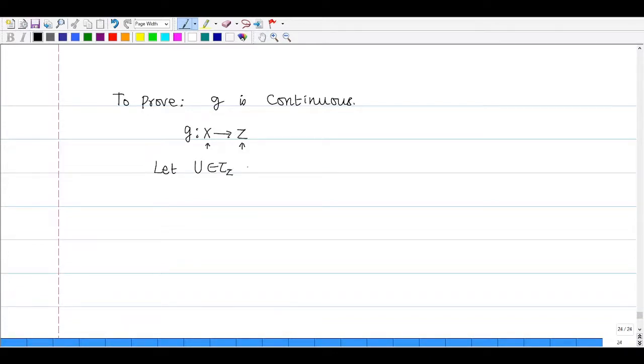That is, U is open in Z ல. அப்ப tau Z ங்கிறது யாரு?